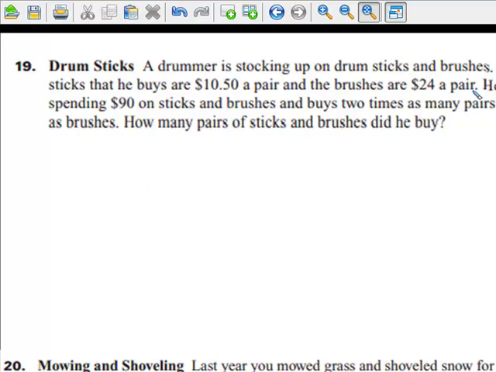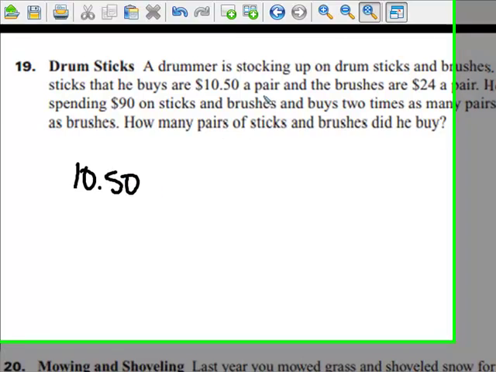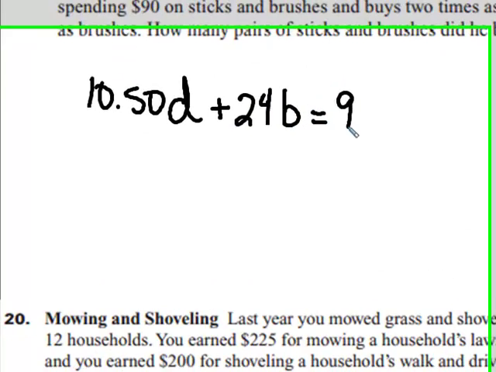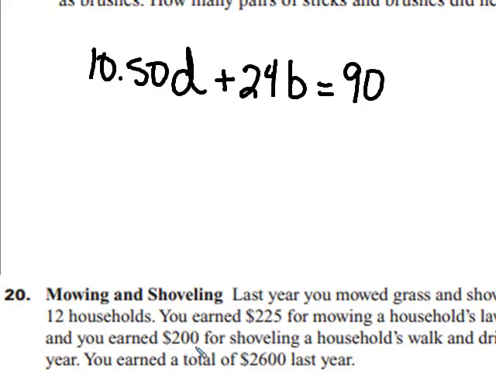So you want to put money together and you want to put totals together. So it's $10.50 for every pair of drumsticks, I'm going to use a D instead of an S because my S's look like 5s a lot, plus $24 for the brushes. And his total spent was $90.